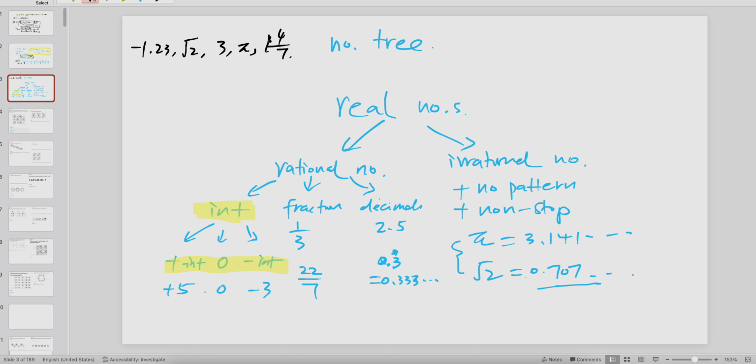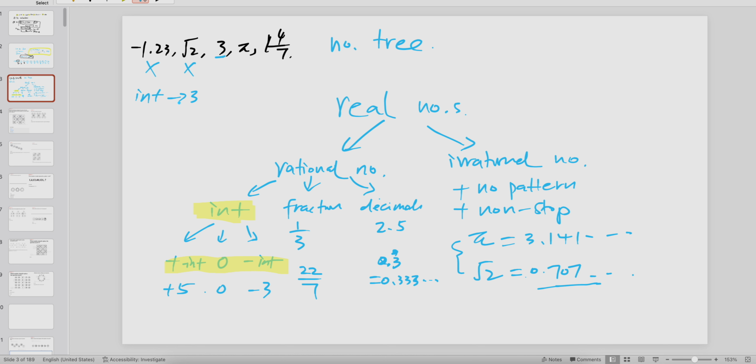If you look for integer, this is not integer. This is a decimal number. This is not integer. This is under irrational number. This is an integer. Yes, 3. Pi, irrational number. This one, fraction. So the answer is 3. So integer, 3.